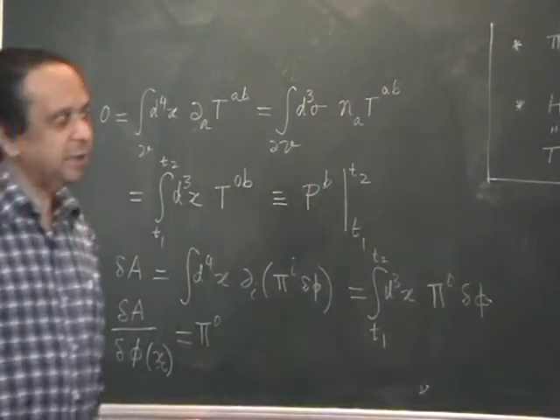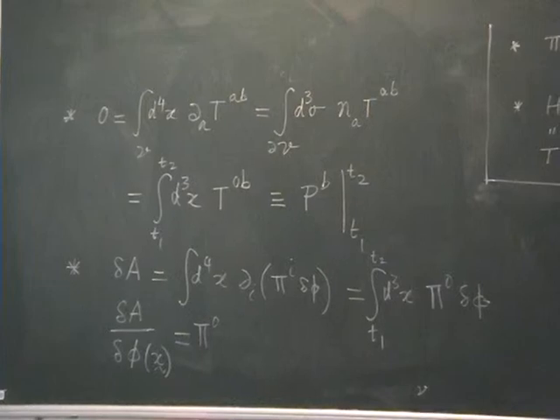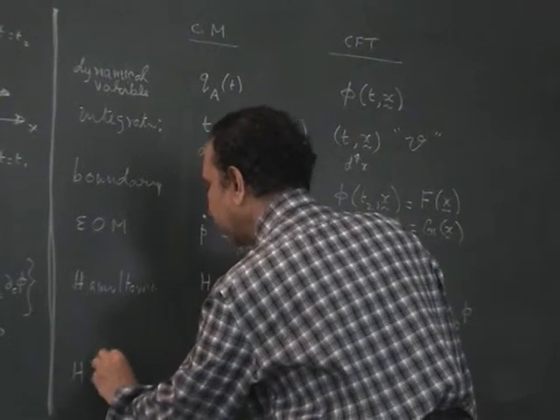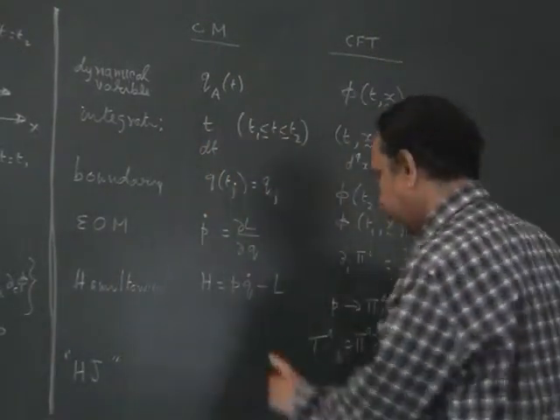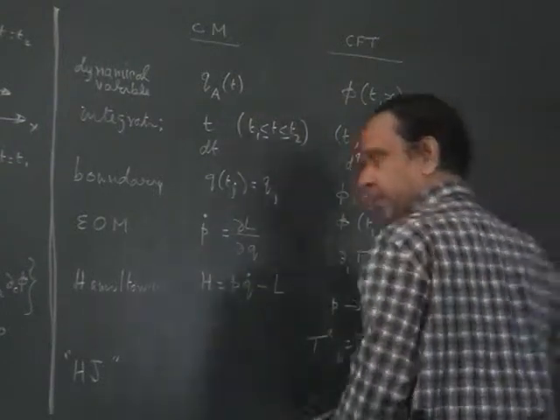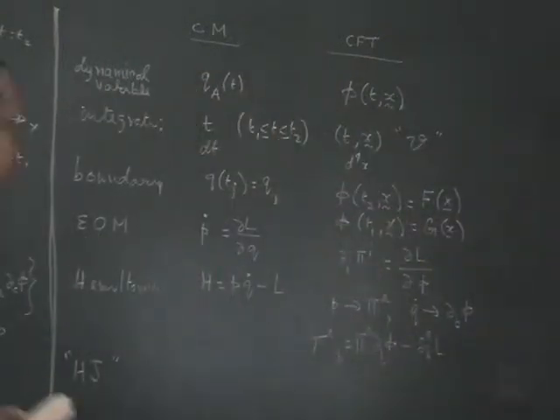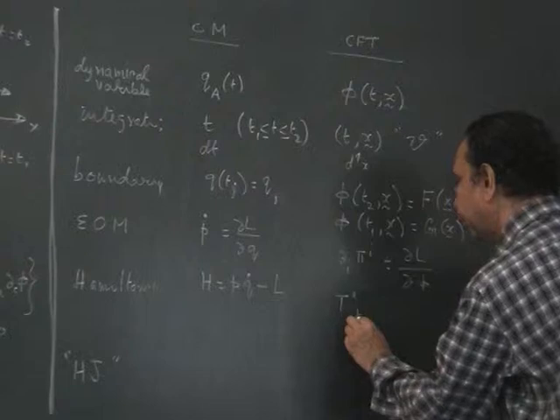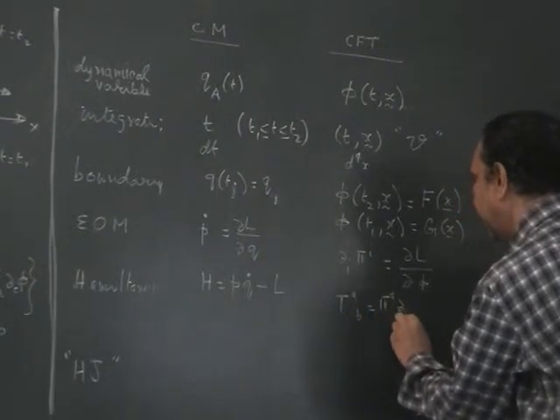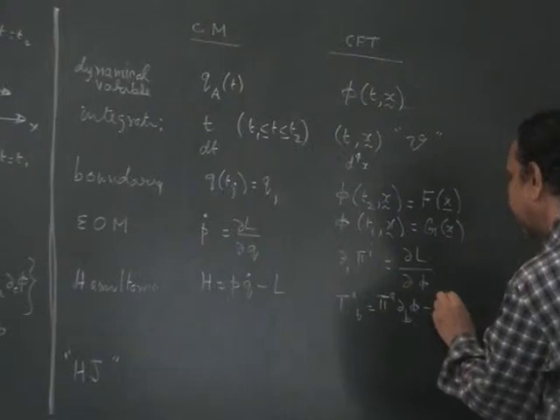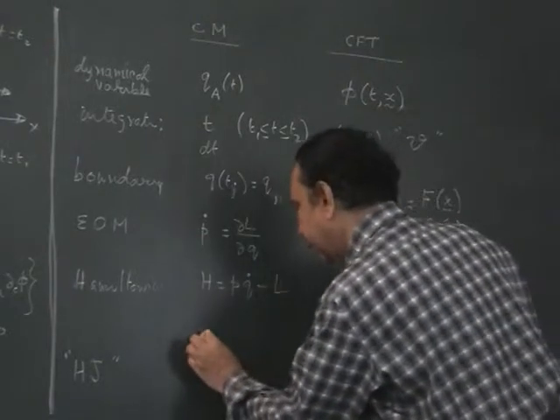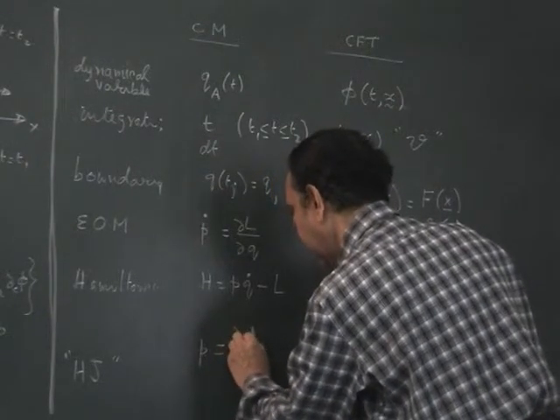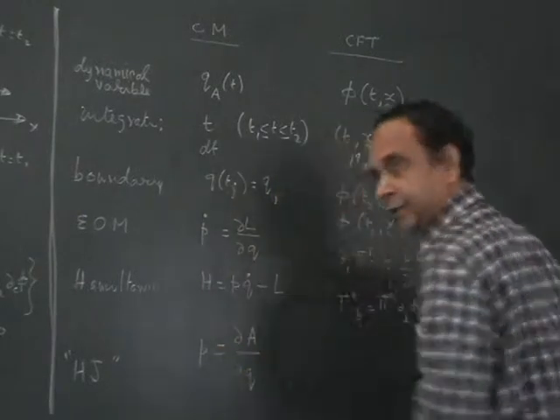This is the generalization of, okay, so let me write it down here. This will be the Hamilton-Jacobi kind of relation. Let me write this T^A_B equals π^A ∂_B φ minus δ^A_B L. So here, in the particle case, the momentum P was ∂A/∂q at the end point.